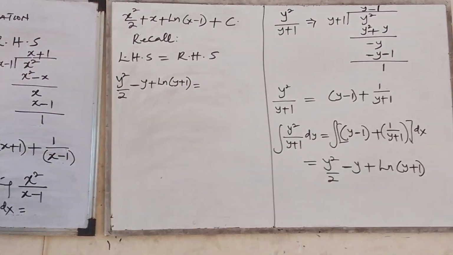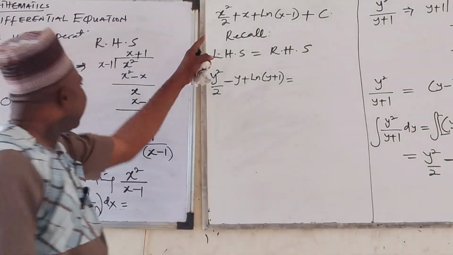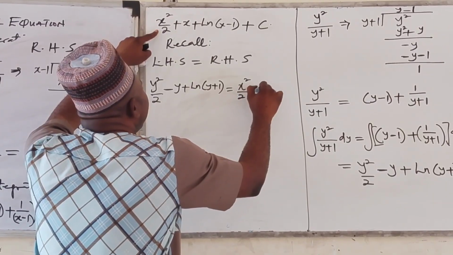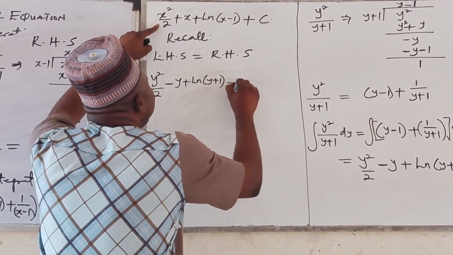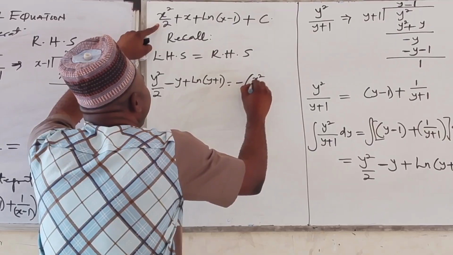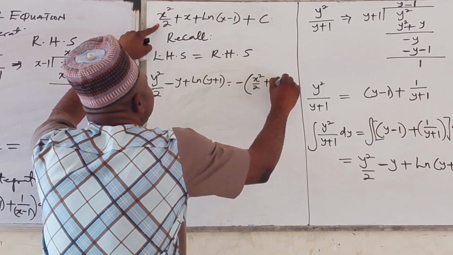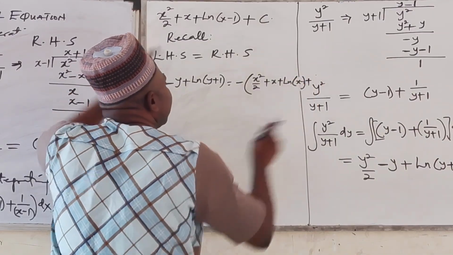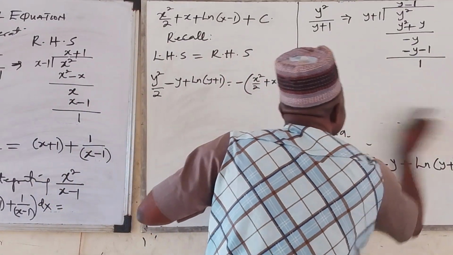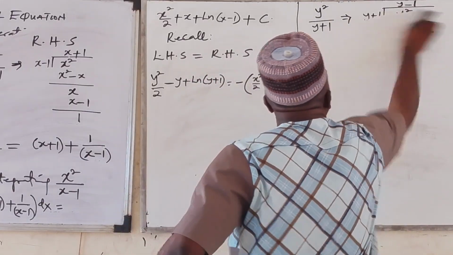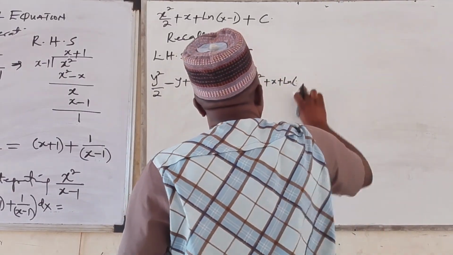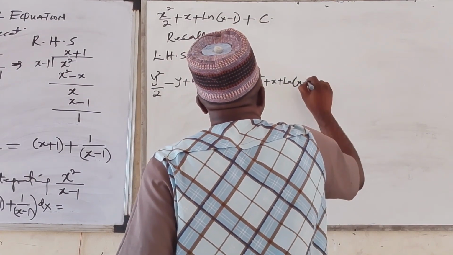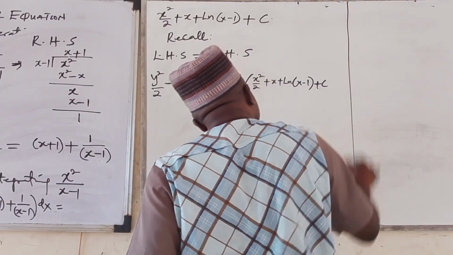Now it will be equal to, for the right hand side, we have x squared all over 2 plus x, minus x squared all over 2 plus x plus ln x minus 1 plus c. Okay, x minus 1 plus c. Yes, so here we have ln x minus 1, then here we have plus c.